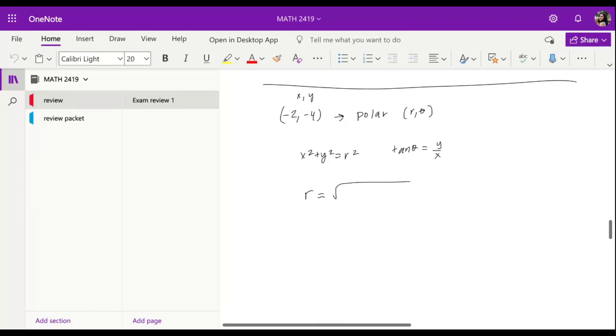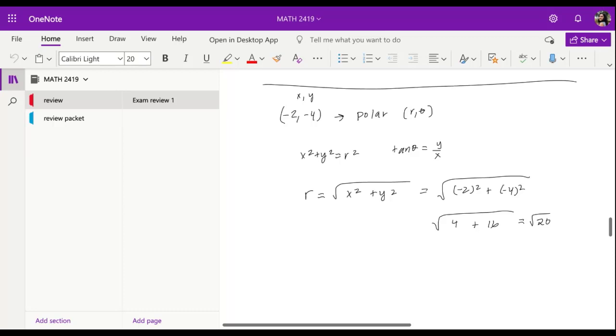Plugging in, we have the square root of (-2) squared plus (-4) squared, which is 4 plus 16, so the square root of 20. You can simplify that further if you want, but it's not necessary.